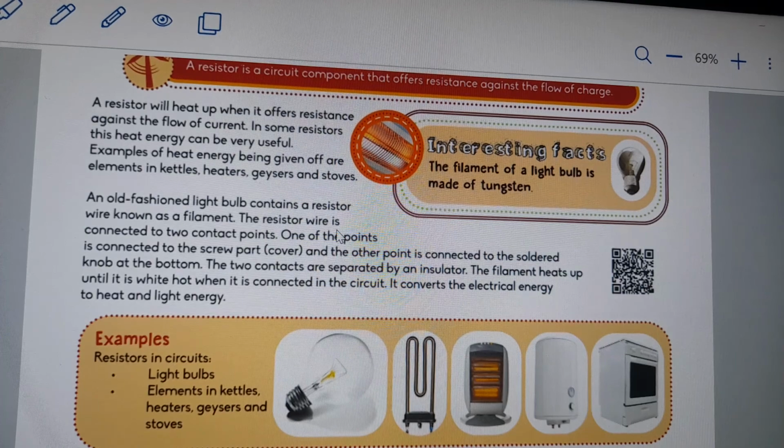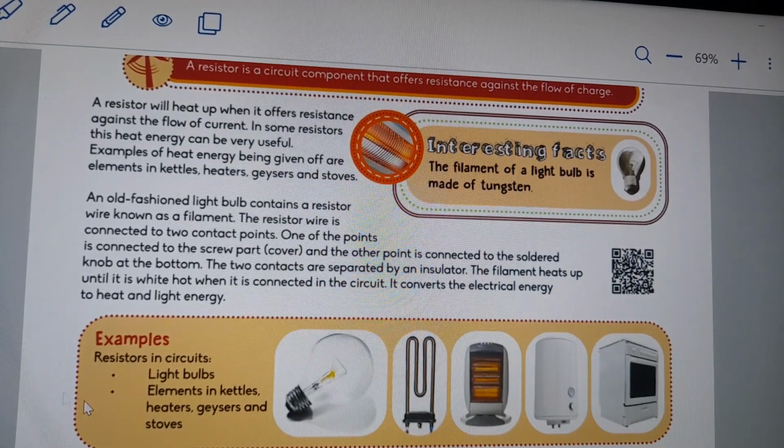Okay. The resistor wire is connected to two contact points. One of the points is connected to the screw part and the other point is connected to the soldered knob at the bottom. The two contacts are separated by an insulator. The filament heats up until it is white hot when it is connected in the circuit. It converts the electrical energy to heat and light energy.